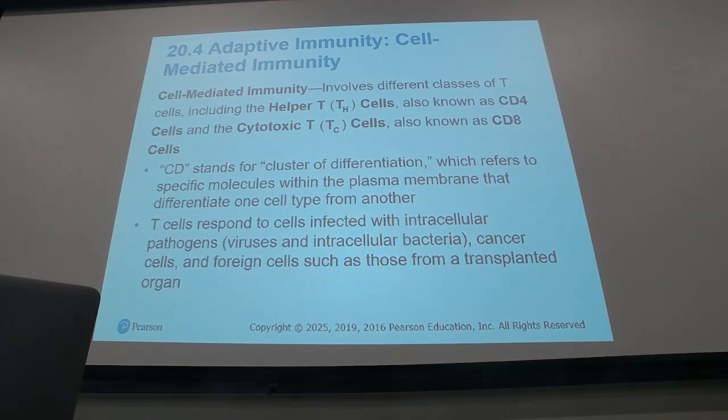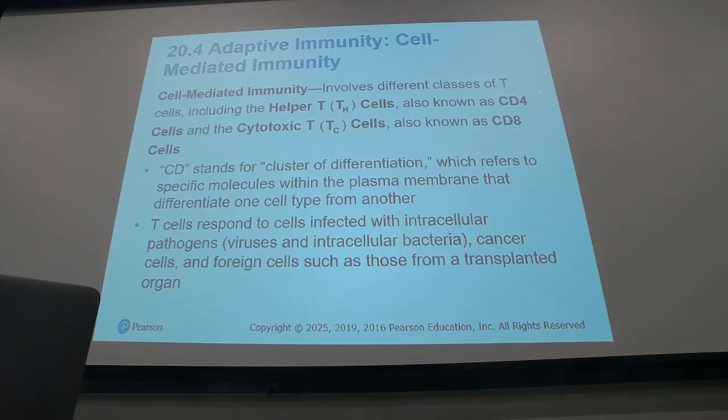So CD stands for cluster of differentiation. So these clusters of differentiation are proteins, antigens that are found in lymphocytes. And they have a different shape, and they can be identified by these clusters of differentiation. So CD4 has these clusters, and CD8 has these clusters.